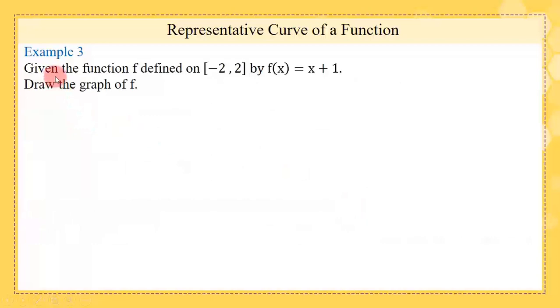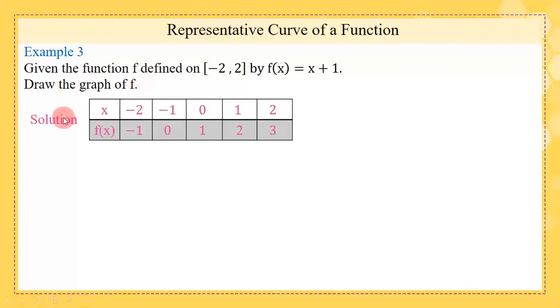Example 3. Given the function f defined on [-2, ...] by f of x equal x plus 1. Draw the graph of f. Solution. First of all, in order to draw the graph, we take several particular points as we saw before. For x equal minus 2, f of minus 2 equal minus 1.